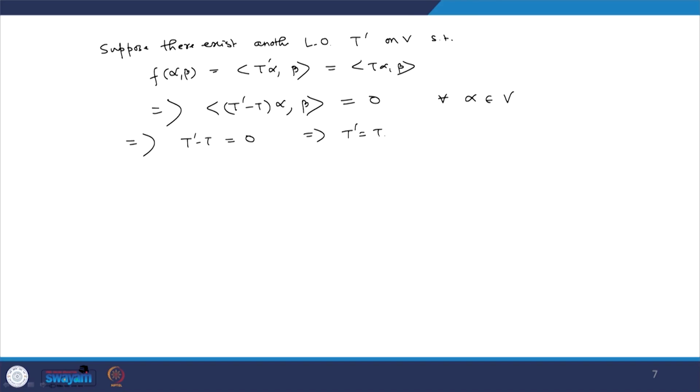Now, our claim is that the space of all forms on the inner product space V must be isomorphic to L(V,V).